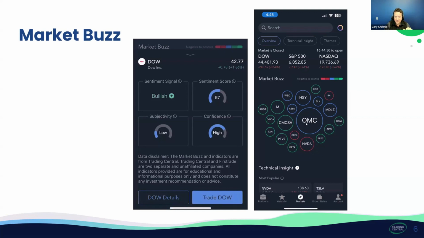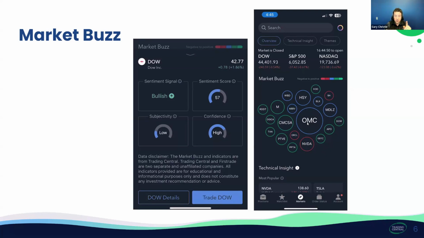But market buzz, really, what's the benefit? If you're an active trader, much like I am, you're probably very short on time and don't really have the luxury of sitting through and reading lengthy news headlines and articles. What you really need is a real quick way to identify which instruments are making waves in the news and could potentially impact your trading positions.